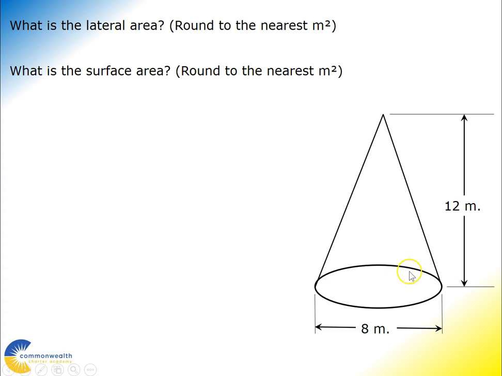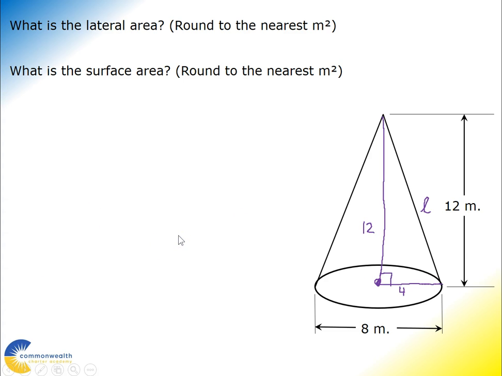And on this one, I do have to figure out what the slant height is, because you can see that this arrow is running perpendicular to the base. This is the height of the cone. It's not the slant height. So I am going to have to figure out what that slant height is, which I'm going to need, because just like the surface area of a pyramid, the cone has a very similar structure. It's going to be 1/2 the area of the base times the height.